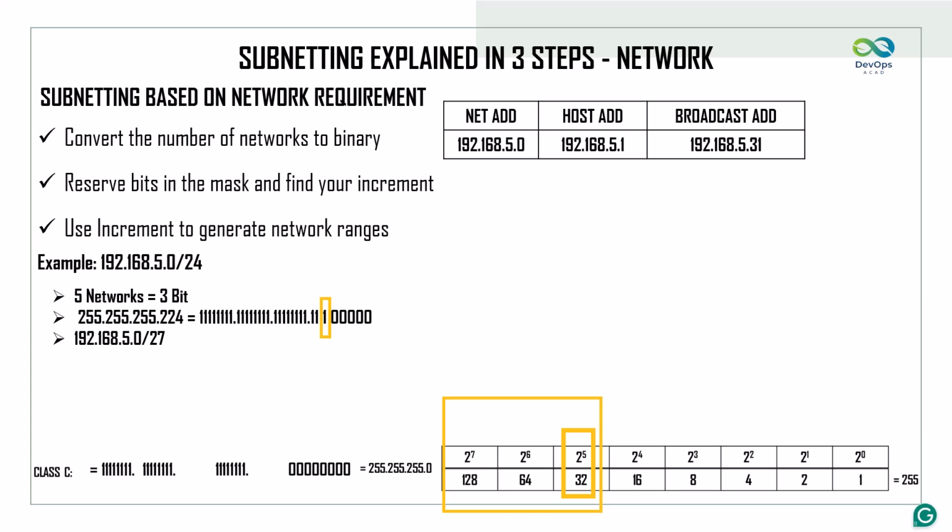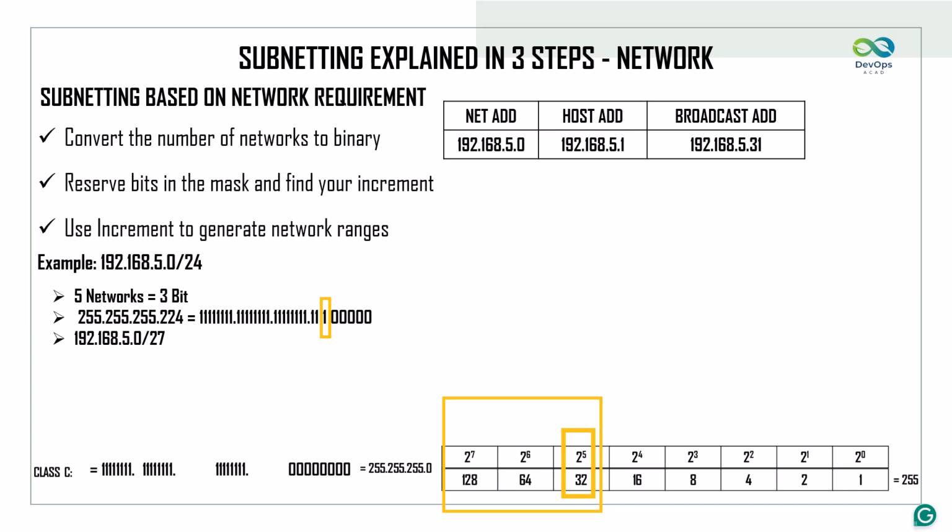Now, if my increment is 32, you must have guessed right, the host addresses will range from 1 to 30, which means the first address and the last address within that network will be reserved. So the first address is the network. The last address in that network is the broadcast for that network.